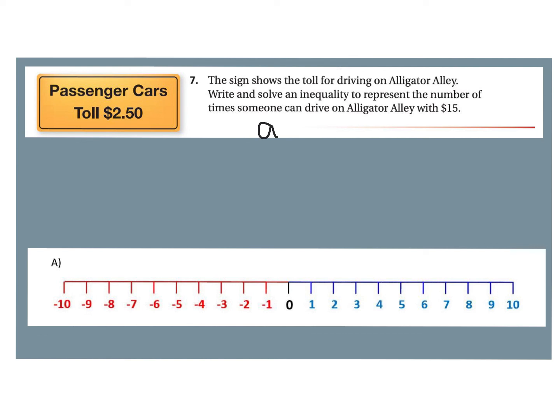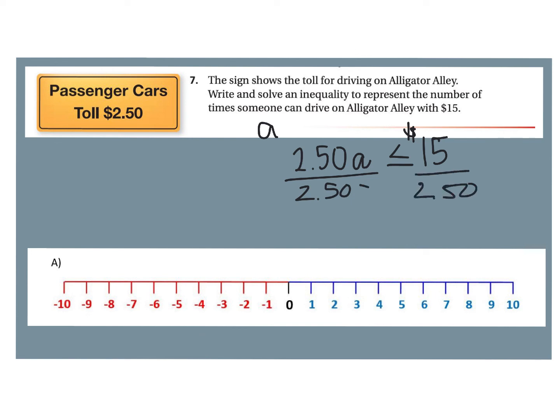Well, each time we drive, it costs $2.50, so $2.50 times A. Well, it has to be less than or equal to 15. We can't go over $15, but it could be equal to 15. So then what we're going to do is divide both sides by 2.50 so we can see how many times we could drive on Alligator Alley.